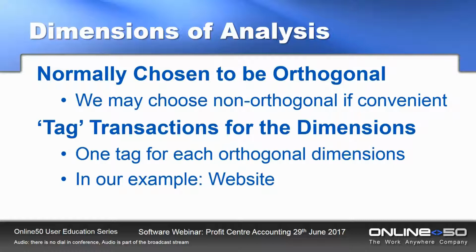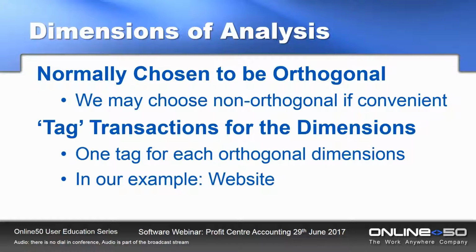Our second task, so remember the first one was understanding how we want the information out, is now to choose how to record the data we collect given the tools available to us in the system we're using. So how do we tag the transactions given our choice of back-end system?